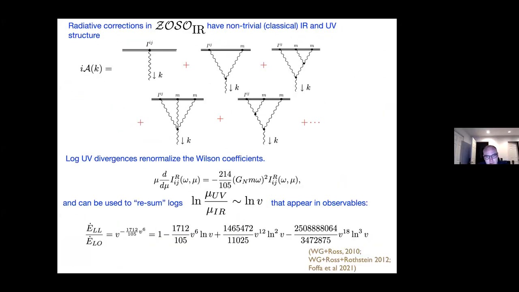Let me find it. Yeah, you're right. That's why I put resum in quotes, because they're never large, because they have these powers of velocity in front. You can actually see from the RG equation itself on top that the right-hand side is suppressed at small velocities, because g m omega goes like v cubed.